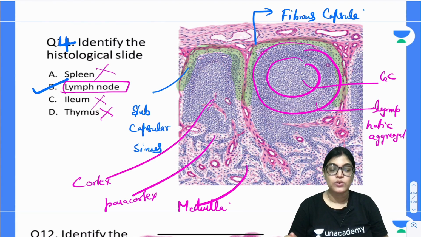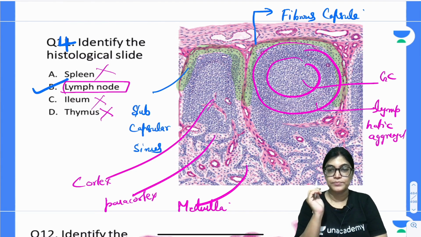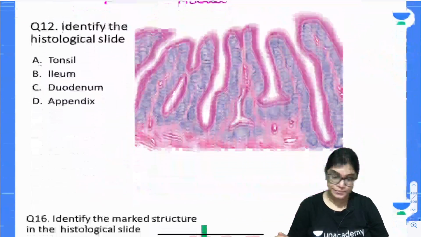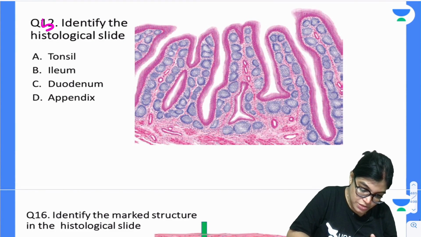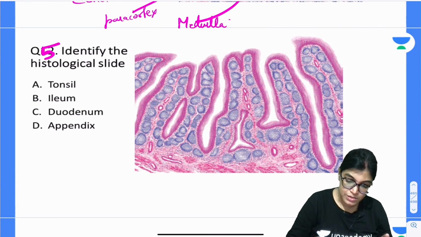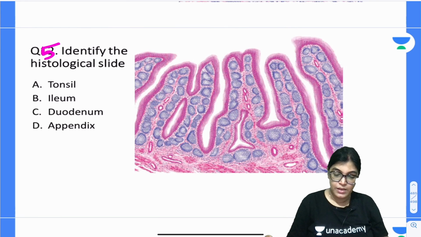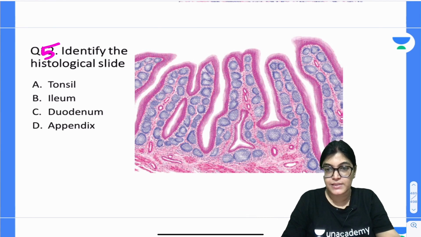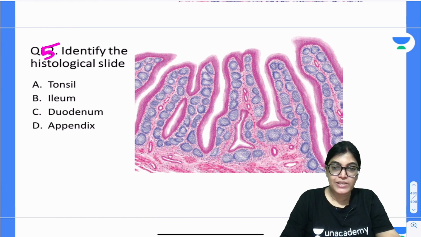Okay, my dear aspirants, let's move on to the next, question number 5. This is the 5th MCQ. Take your time and identify the histological slide, whether it is tonsil, ileum, duodenum or appendix.